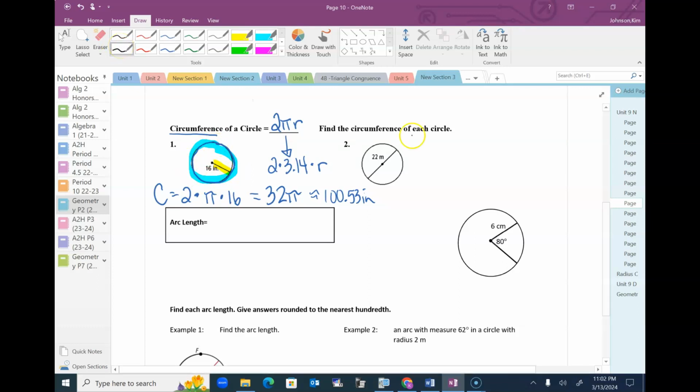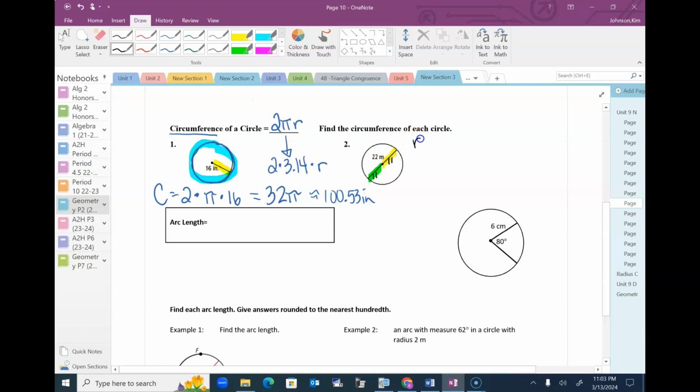In the second example, to find the circumference, I notice that in this problem they don't give us the radius, they give us the full length of the diameter. We should know that the diameter gets split into 2 equal pieces, and those 2 equal pieces are the radius. So if the diameter is 22, the radius, or that yellow length, would be 11, and the green length would be 11.